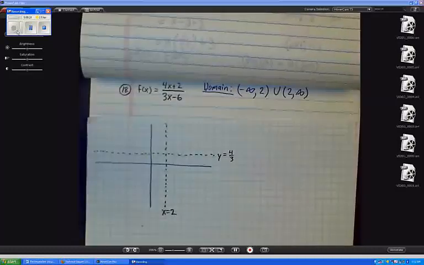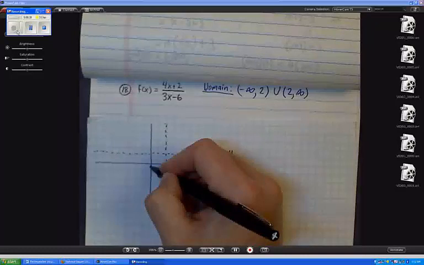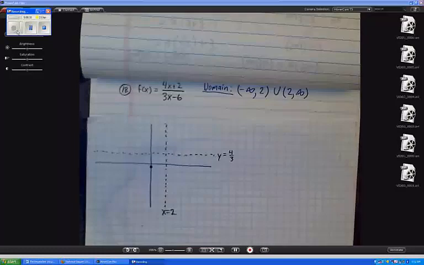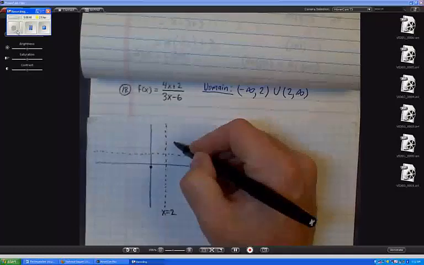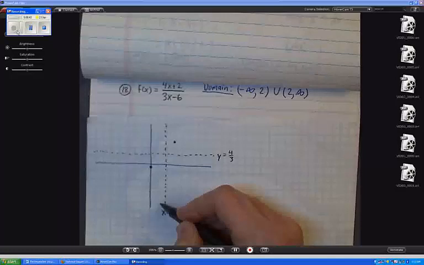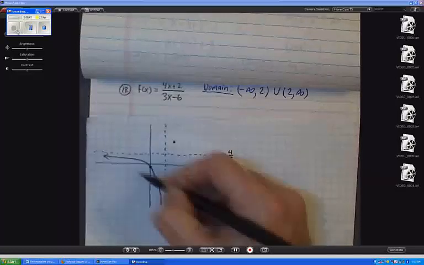Well, if I plug in 0, I'm at negative a third. That's somewhere around here. And if I plug in something like 3, I'm at 14/5, which is almost 3. It's up there. So without doing too much detail, I'll tell you the graph looks approximately like that.